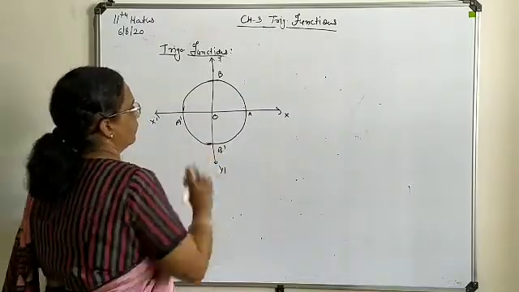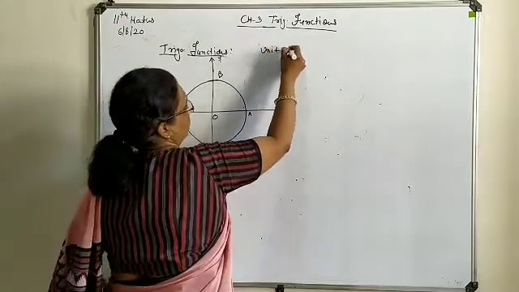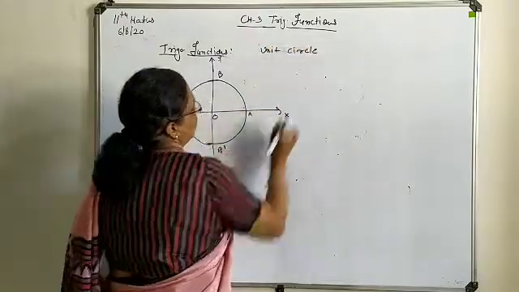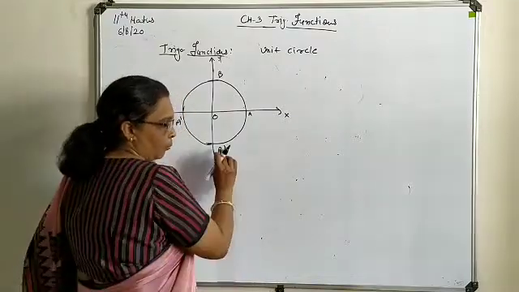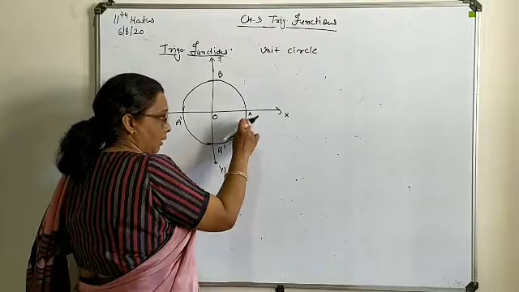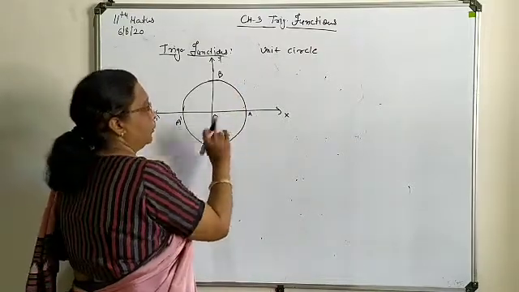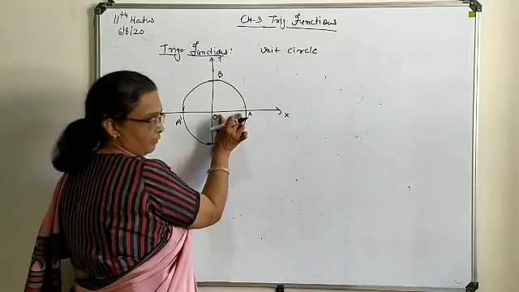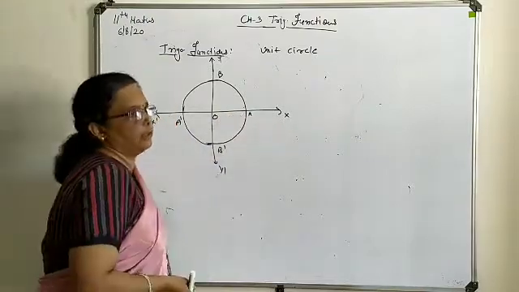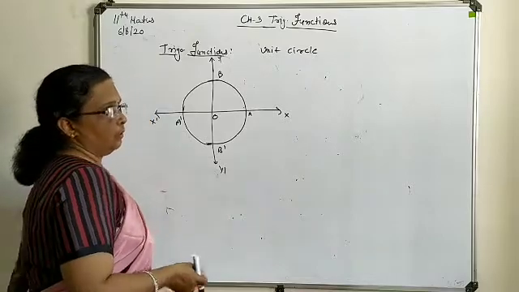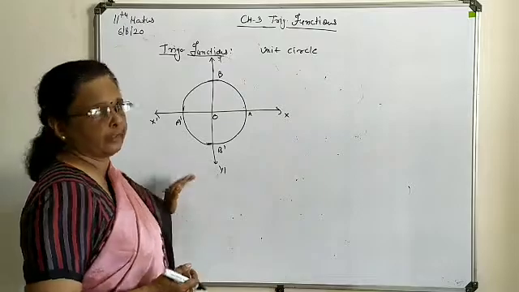Now, as we are talking about a unit circle, we can locate points A, B, A dash and B dash. Unit circle means this is the radius of the circle, so A you can write in terms of coordinates as (1, 0), (0, 1), like that, as per the position of the point on the axis.